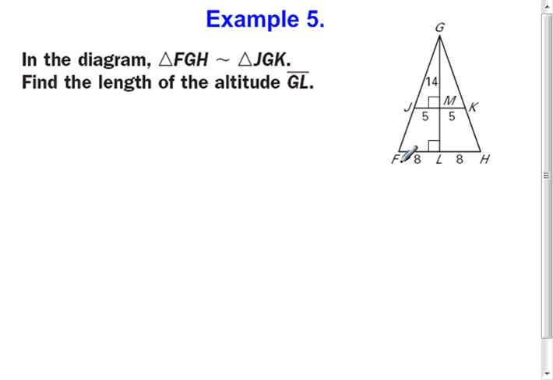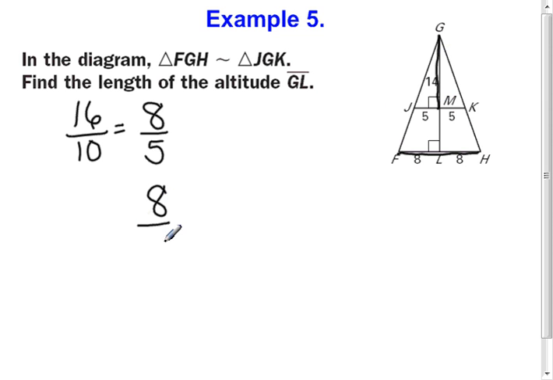It looks like the length of the whole side down here is 16. The length of the whole side down here is 10. So all of the sides and the special segments should be in a proportion of 8 to 5. And then the altitude of this triangle is 14.